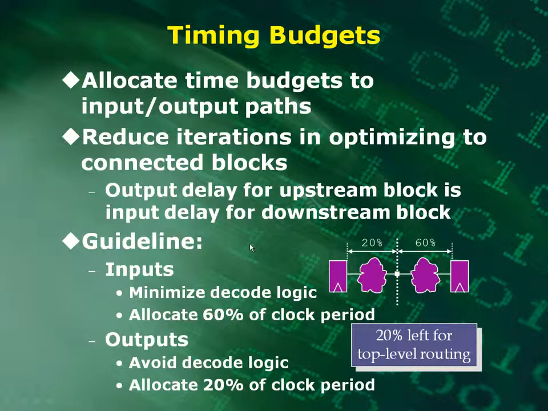Sort of a guideline here for allocating time budgets to input and output paths: let's say you have a clock period of 10 nanoseconds. Let's say you dedicate 20% of that to any logic that might come after the flip-flop, and maybe you dedicate 60% for off-chip. Okay, and then there's 20% left over for routing.